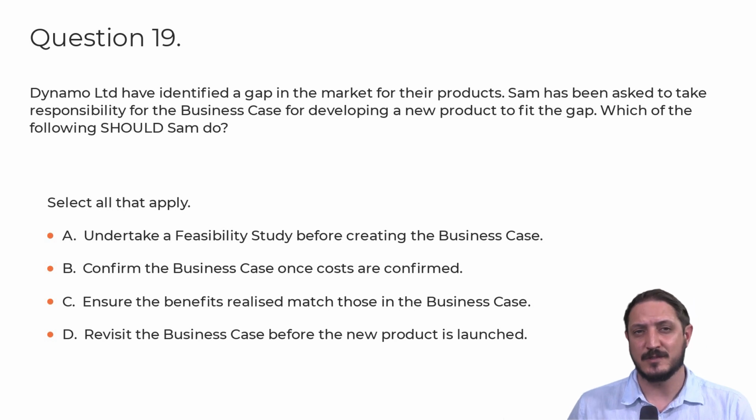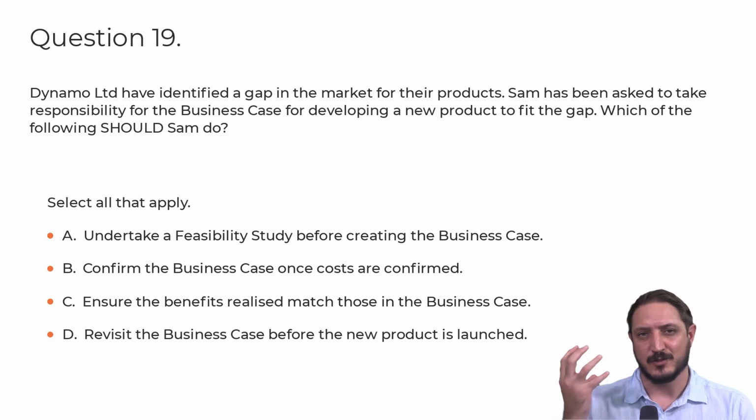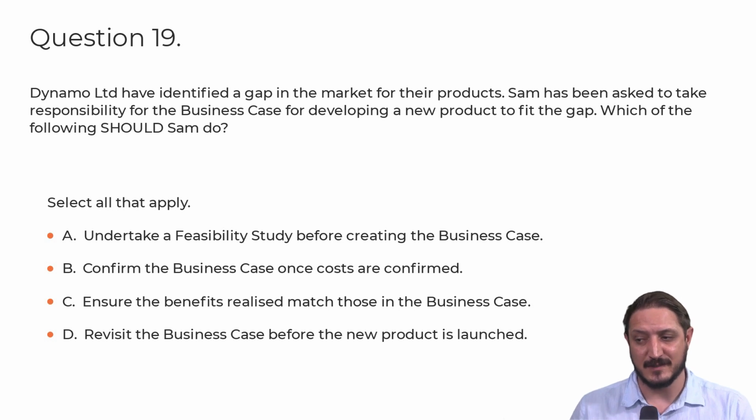And we'd often do this through maybe an investment appraisal using techniques such as a payback calculation, the internal rate of return or net present value calculations. So we can use these calculations to look at these various solutions to see if they are financially acceptable. So we need to confirm these costs and confirm the business case.